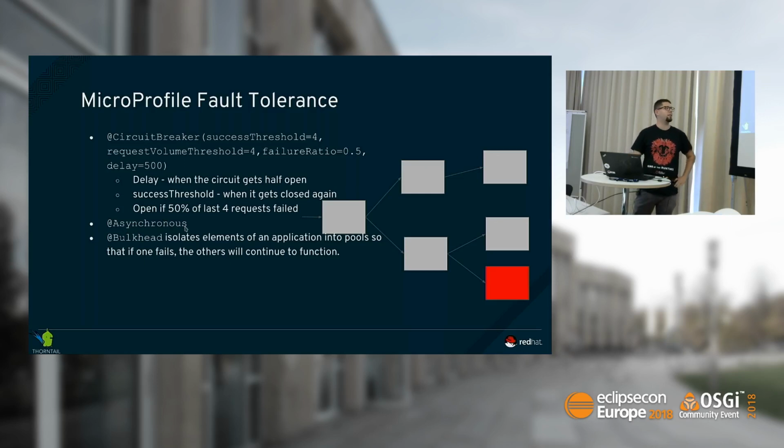Another thing is asynchronous. So if you just put it on a method, it will make it asynchronous, but you can also use it, for example, with bulkhead. So bulkhead, generally, if you just put a bulkhead on a method, it will limit the number of concurrent invocations of the method.